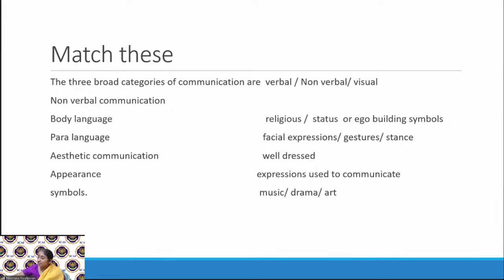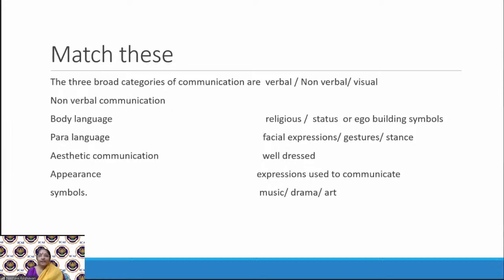Done? Okay, now I'm going to call out answers. As I call out answers, I will also explain to you once again what these mean. Because past question papers have tested aesthetic communication, paralanguage, and non-verbal communication. Okay, now let me go one by one.